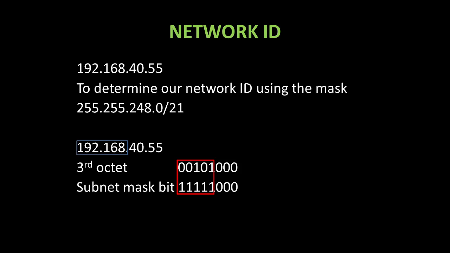The 40 will also be part of our network ID. But what about the 55? If you check our subnet mask there, it says 255.255.248.0. So that 55 is not going to mean anything because it will be 00000. Hence, our network ID is going to be 192.168.40.0. That 55 is not going to be considered because its subnet mask is .0.